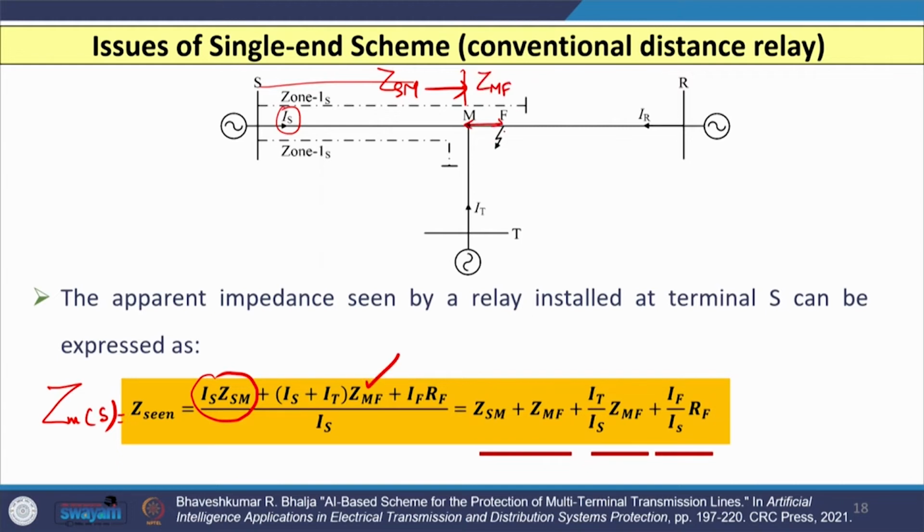So, here if a fault occurs here, then in this section the current that flows is because of IS and because of IT.